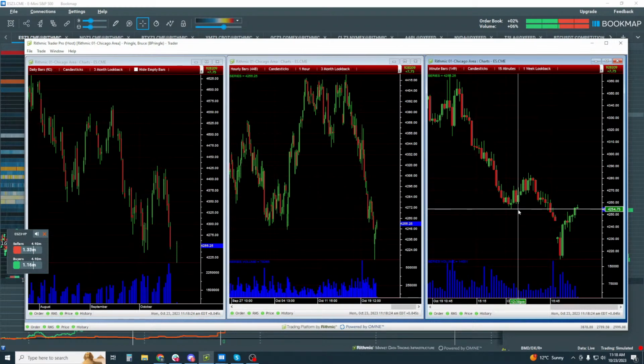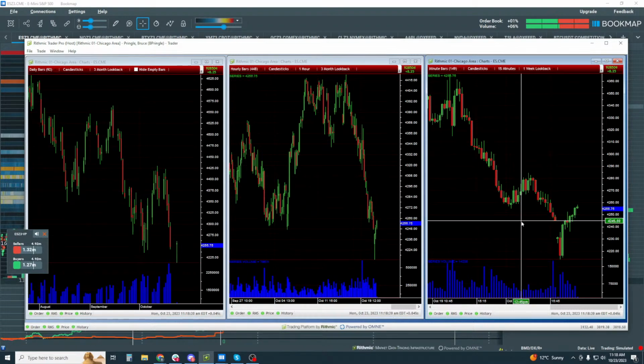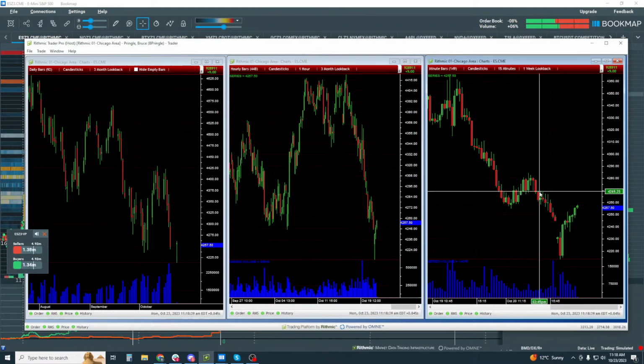And I would look for a pullback in here, right? And then maybe back down to something like 45 or so. Now, we still have a lot of momentum in here, as you can see. Okay, so maybe we need to cut back up above these wicks around this 4270 area here.